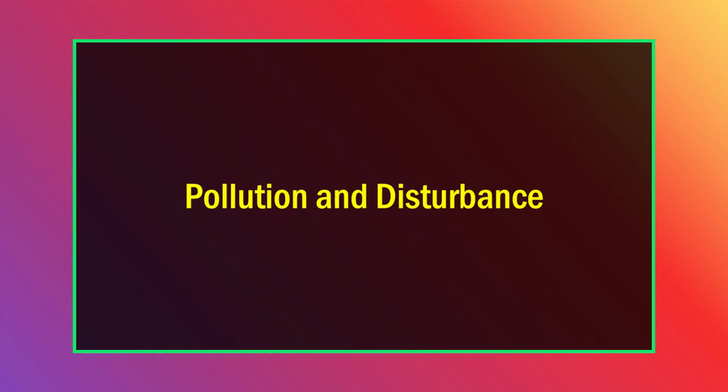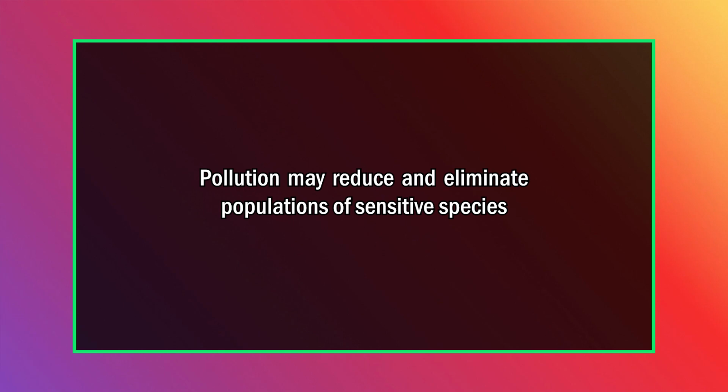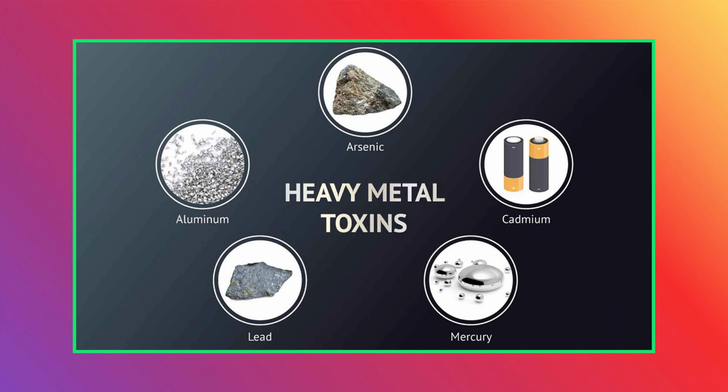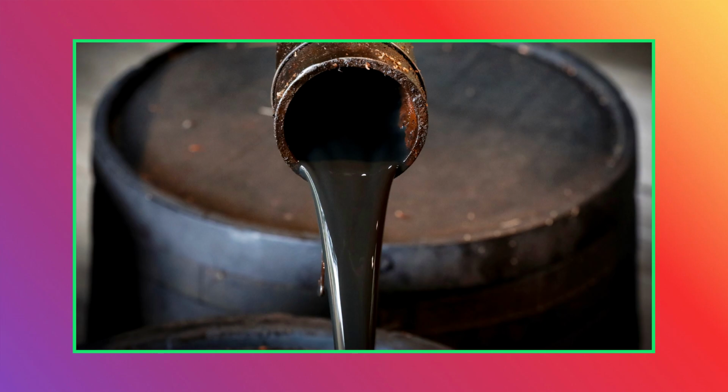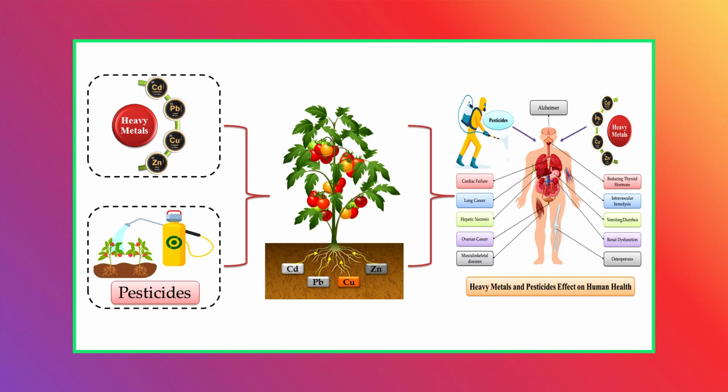Pollution and disturbance. Rising levels of pollution is yet another reason for loss of biodiversity. Pollution may reduce and eliminate populations of sensitive species. Pollutants like heavy metals, pesticides, and crude oil are especially dangerous because these accumulate in the food chain and elicit toxic effects in several species.